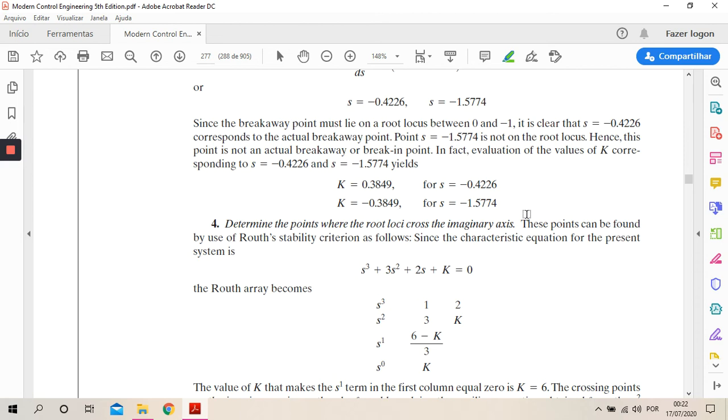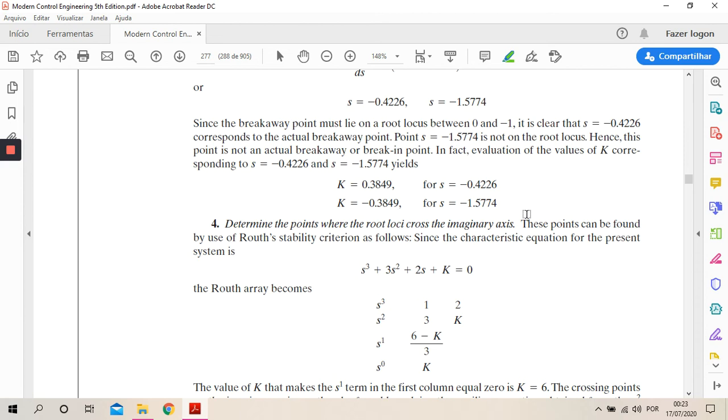The breakaway point must lie on a root locus between 0 and negative 1. That's why s equal to negative 1.5774 does not pertain to the root locus, and it is not the breakaway point. Hence, this point is not an actual breakaway point.